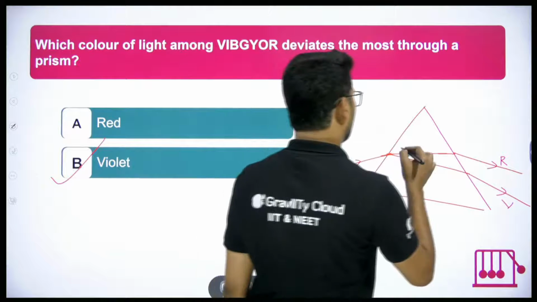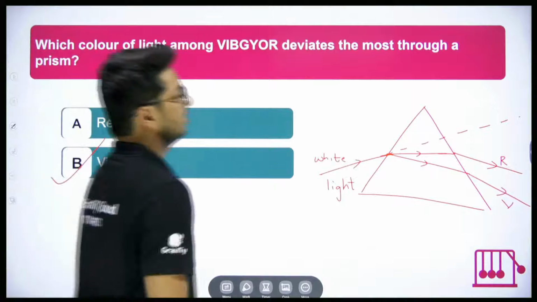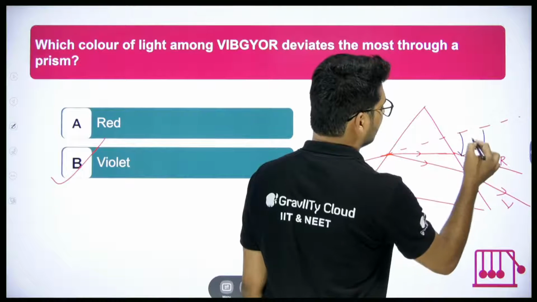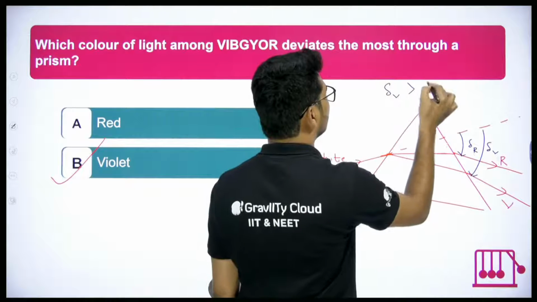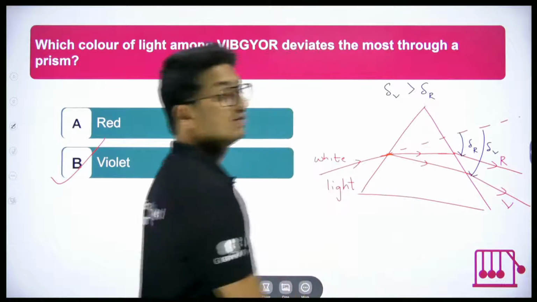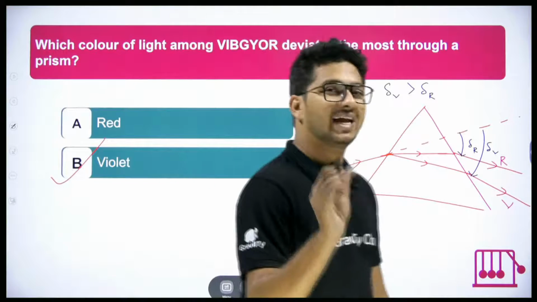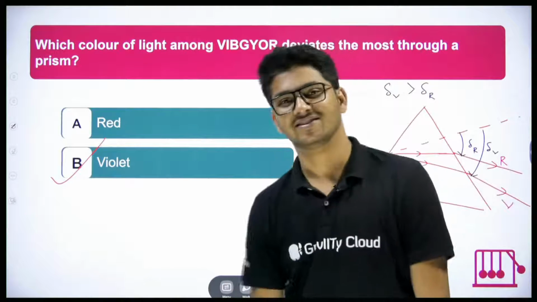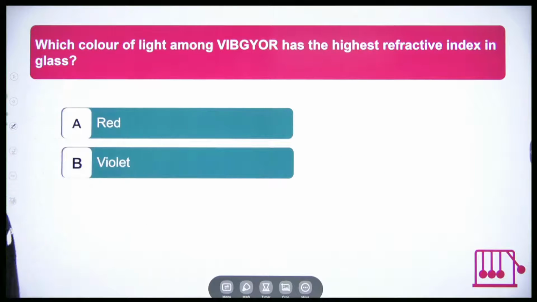So if you look at the angles of deviation, obviously here you can clearly see that angle of deviation of violet is greater than angle of deviation of red. So which color deviates the most? Violet color deviates the most. Got it? Good. Next. Another interesting question.